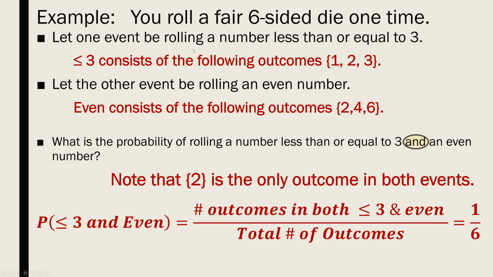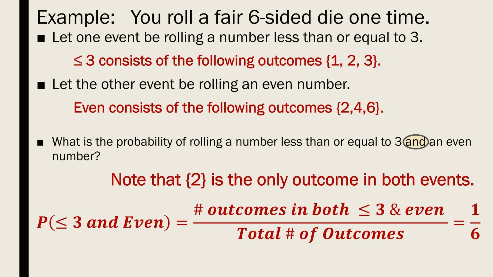Here is an example about rolling a fair 6-sided die one time. Let one event be rolling a number less than or equal to 3. Less than or equal to 3 consists of the following outcomes: 1, 2, and 3. Let the other event be rolling an even number.